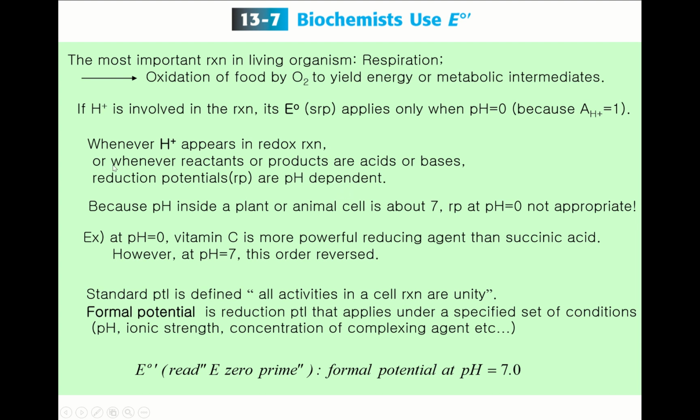Because the pH inside a plant or animal cell is about 7, neutral condition, the reduction potential at pH 0 is not appropriate. That means it is simply difficult to consider the reduction potential at pH 7, so it is convenient to redefine the standard reduction potential at pH 7.